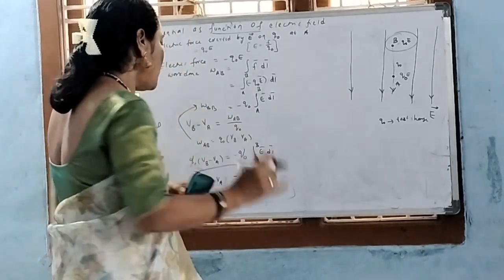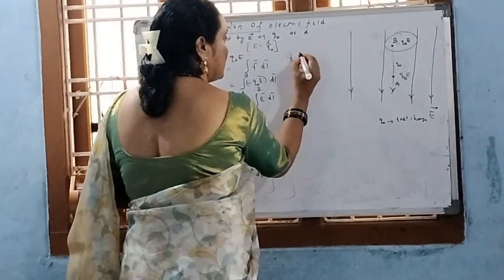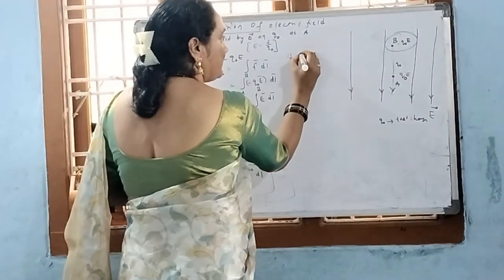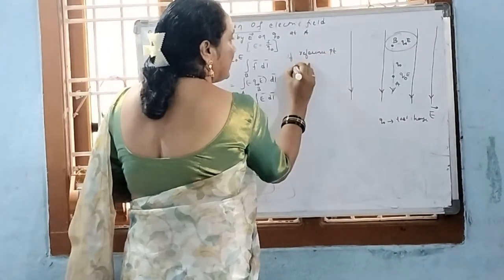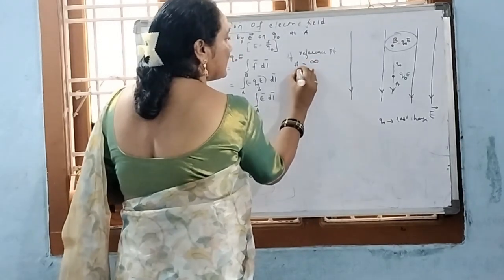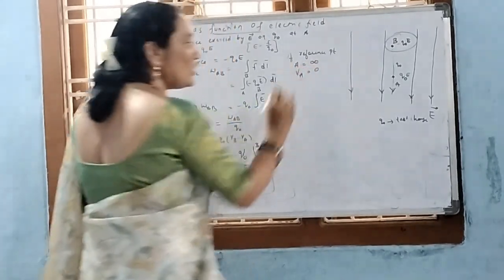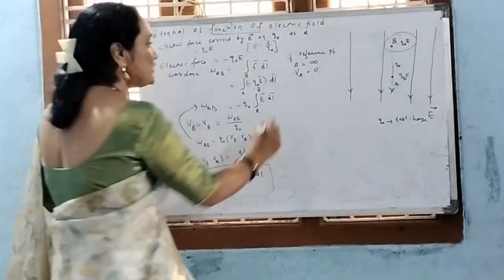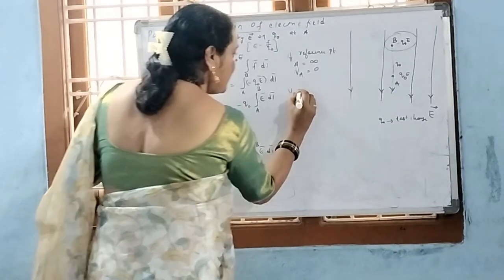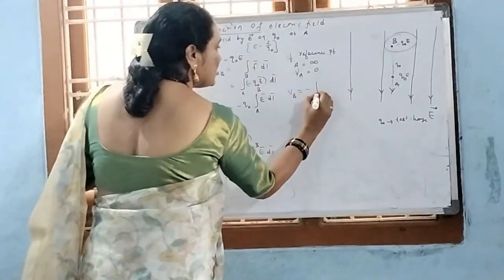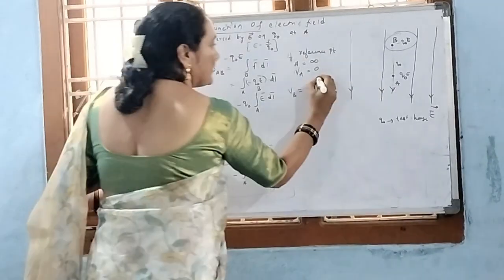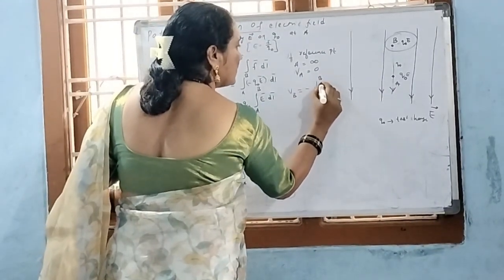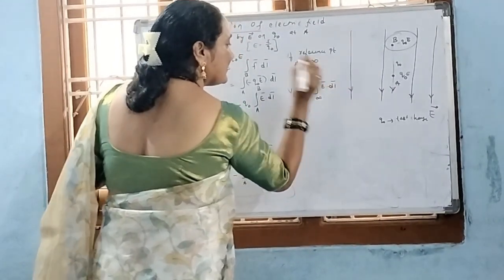Now, if the reference point A is taken as infinity, then VA will be equal to 0. Substituting, we get VB is equal to minus integral from infinity to B of E dot dl.